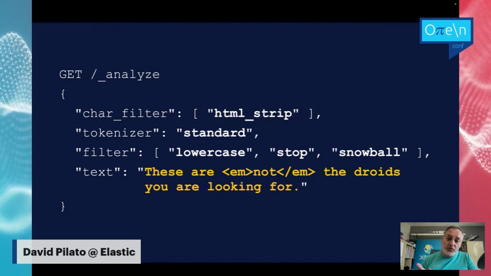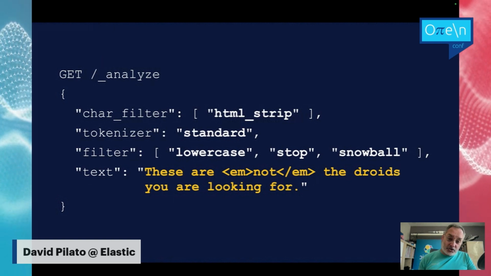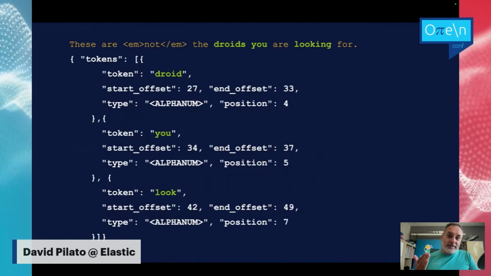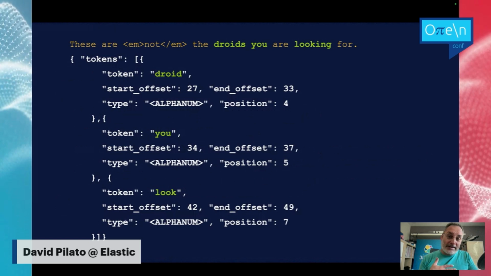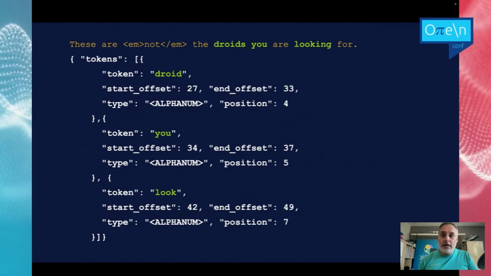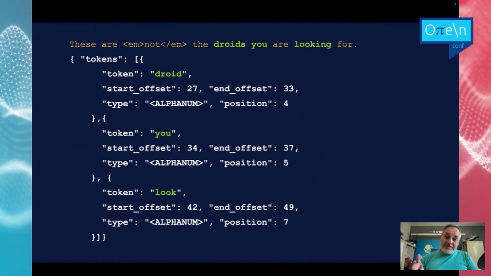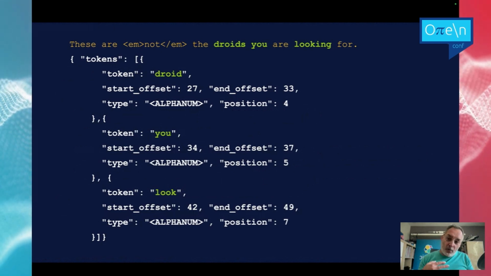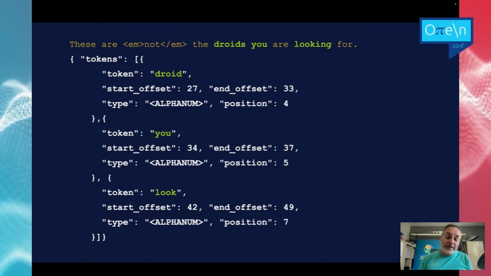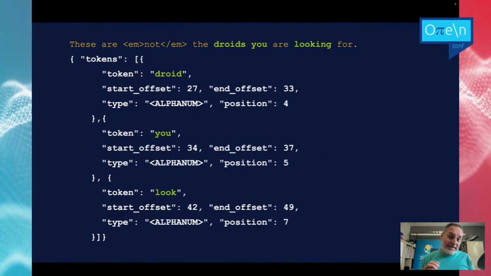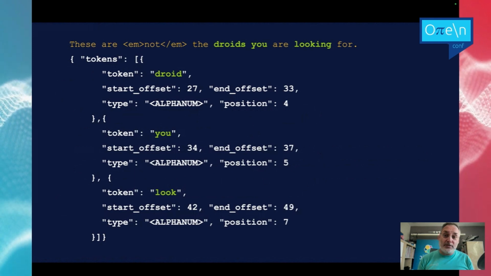So the sentence "These are not the droids you are looking for" is actually indexed as "droid you look." When you search, the exact same process is applied to the text you are searching. That's how search works nowadays. The problem is that we are losing the meaning of the sentence.